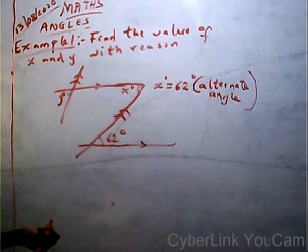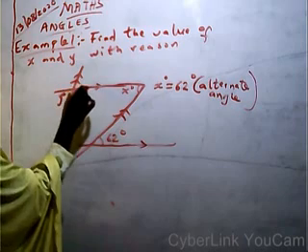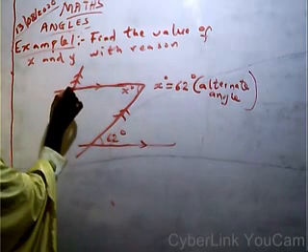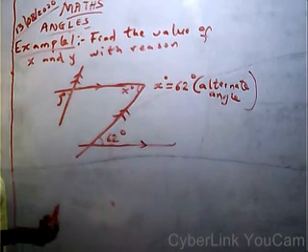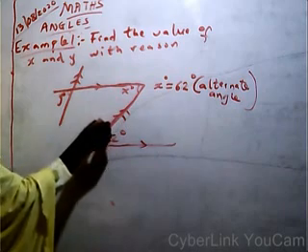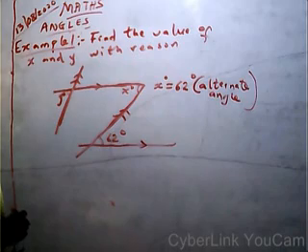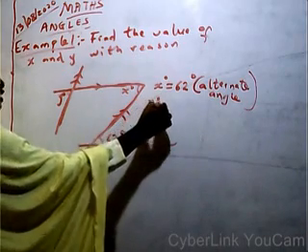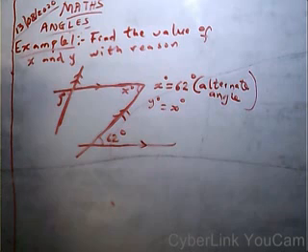Now what about my y? This is my y. If you look at this, my y is equal to my x. How? Look at this shape. It looks like the letter F. Therefore, my y degree is equal to x degree.